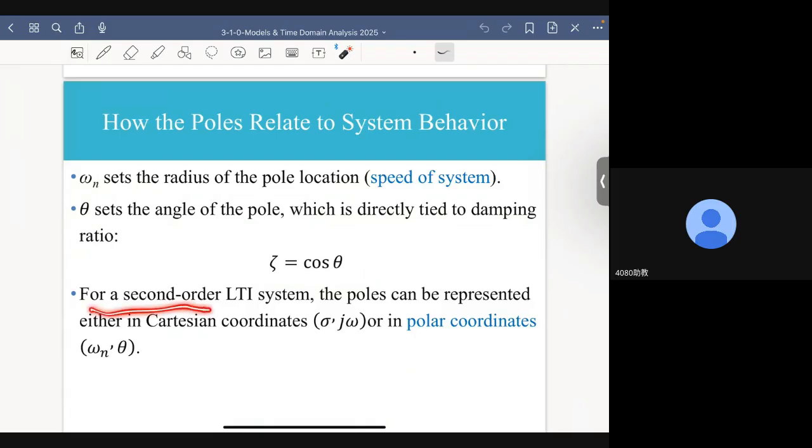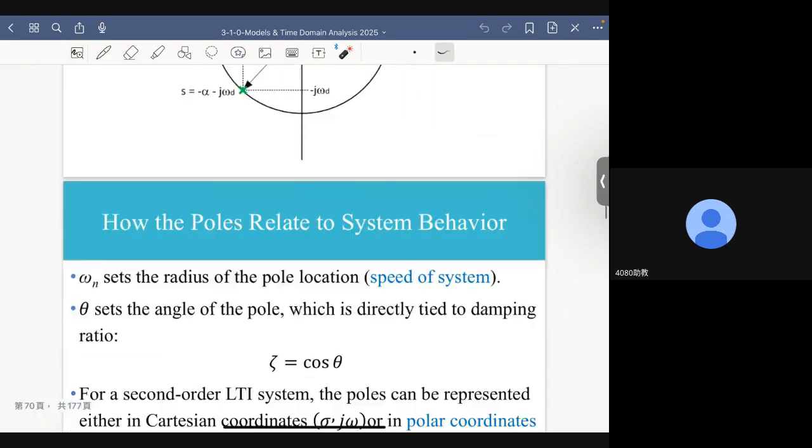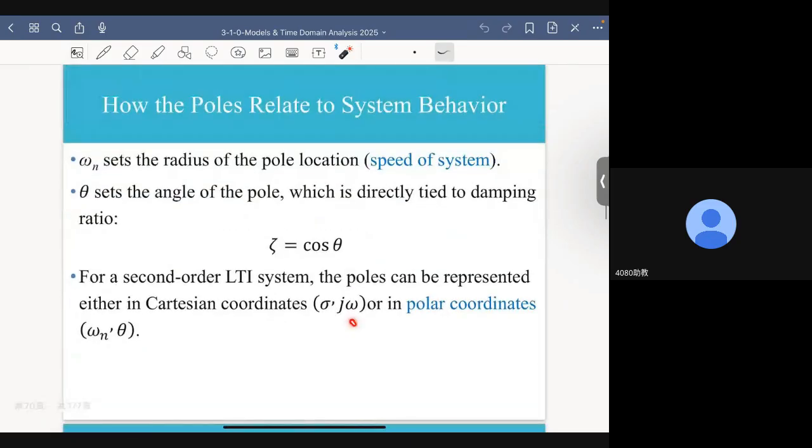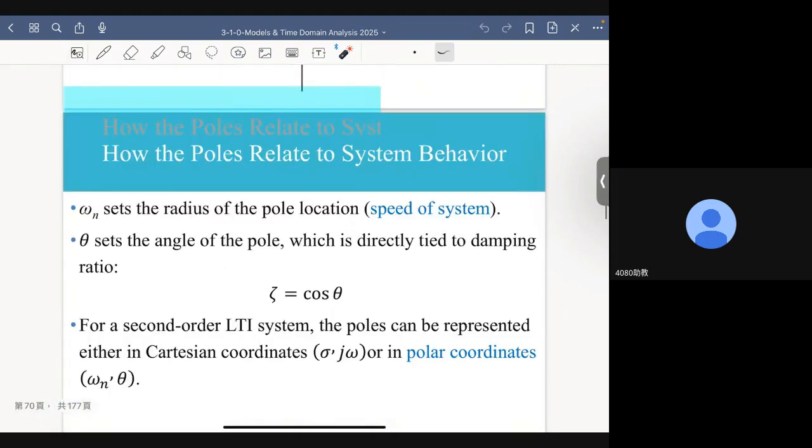For a second order linear time invariant system, the poles can be represented either in Cartesian coordinates, which is this representation, or in polar coordinates, okay? And we prefer polar coordinates because these two coordinates are directly related to the two distinct key parameters of the second order system.